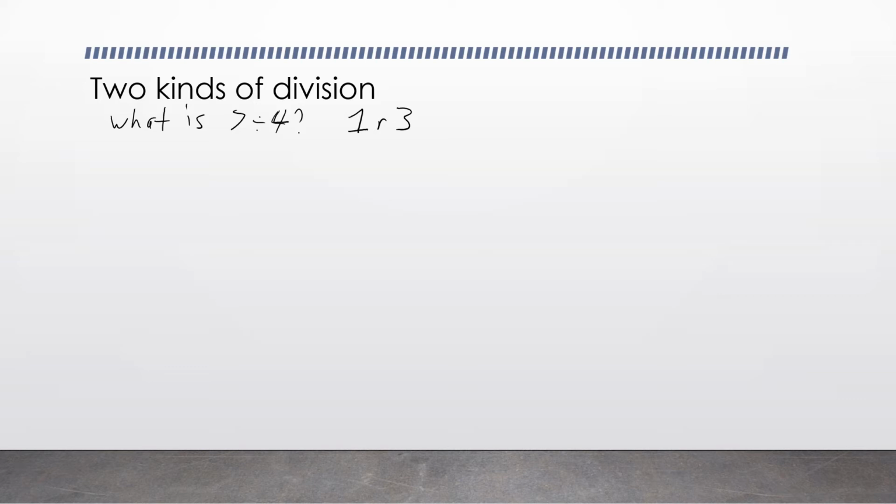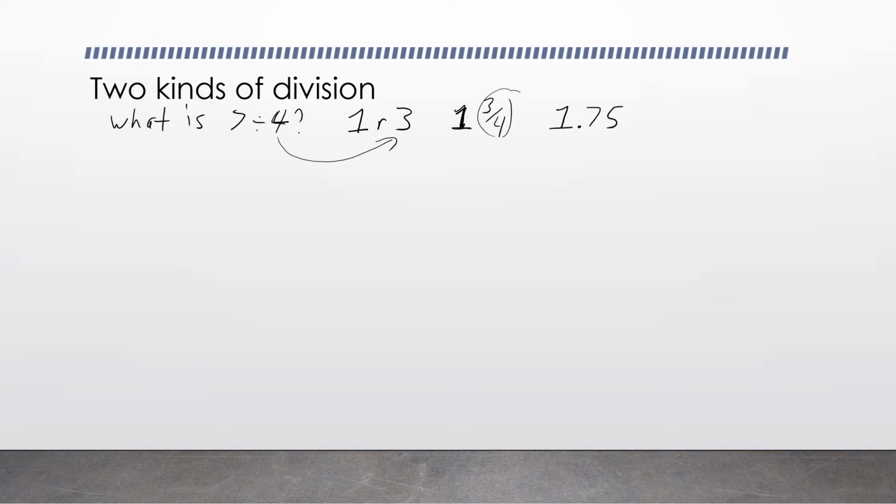Later, you learned that you could put the 4 under the 3 and get that this is 1 3/4. Later still, probably, you learned that you could convert this 3/4 into a decimal and that this answer could be 1.75.